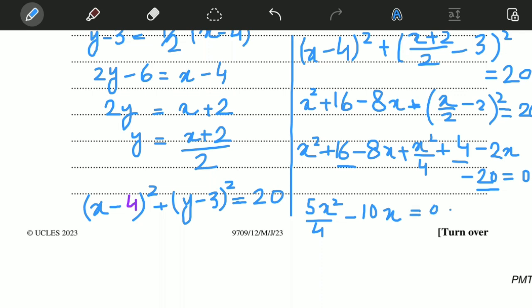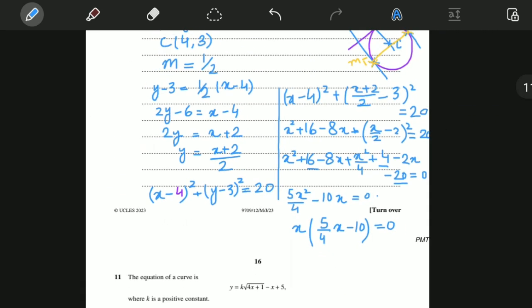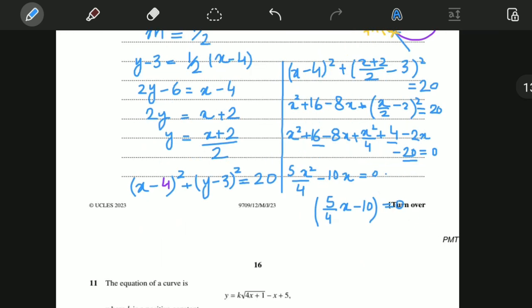So then we will be having, if we take x common, 5 by 4 x minus 10. So this implies either x is equal to 0 or 5 by 4 x minus 10 equals to 0.